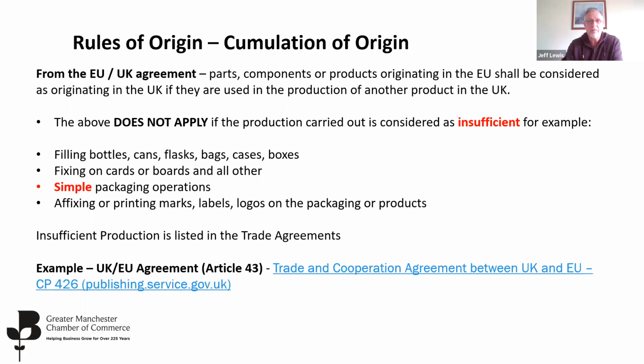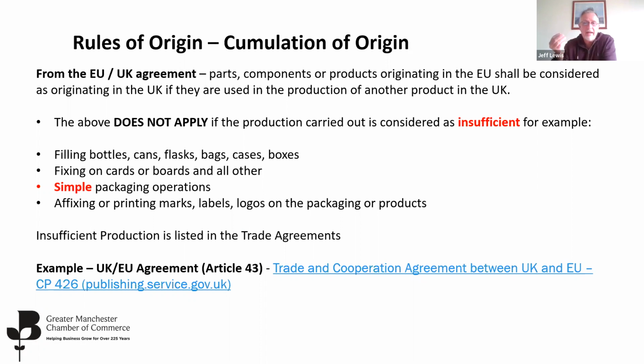So let's take the European example. If we use European components in the production of our product in the UK, and we do a substantial process on those products from the EU, they can then be classed as if they were manufactured in the UK. So they can be classed as UK origin.